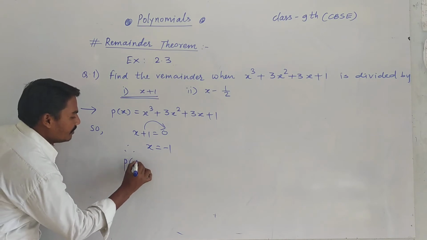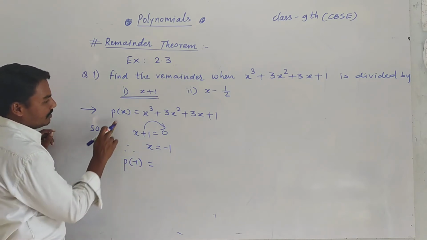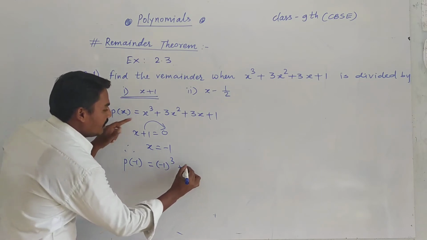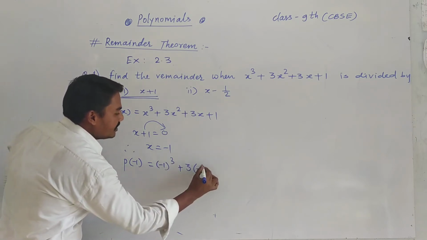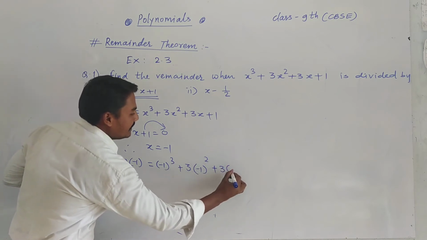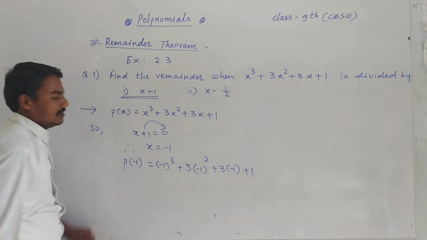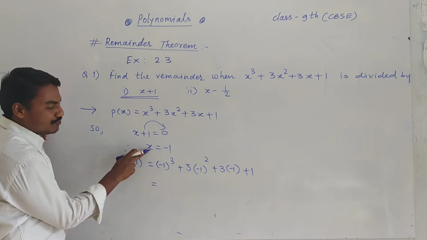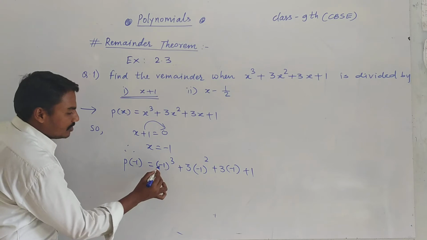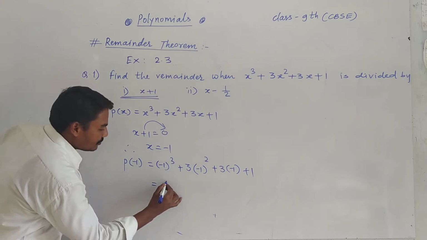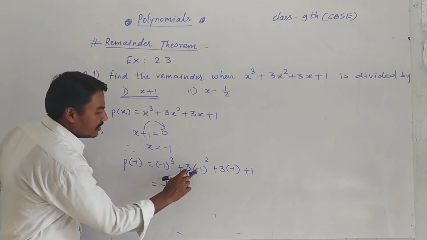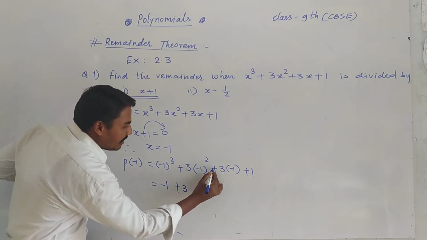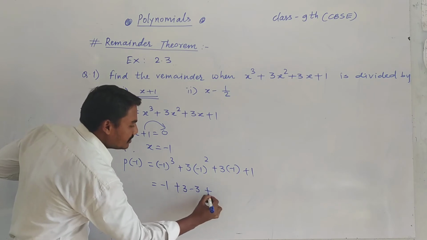So P of minus 1 is equal to minus 1 cube plus 3 into minus 1 square plus 3 into minus 1 plus 1. Simply, I have put the zero's value in the polynomial. Minus 1 cube is minus 1, minus 1 square is plus 1, into 3 is plus 3, then minus 3 plus 1.